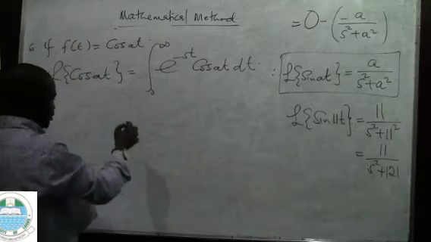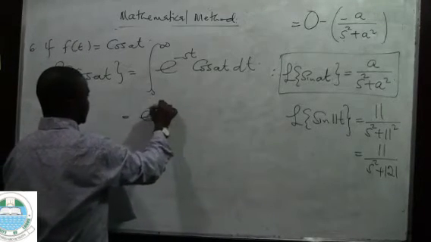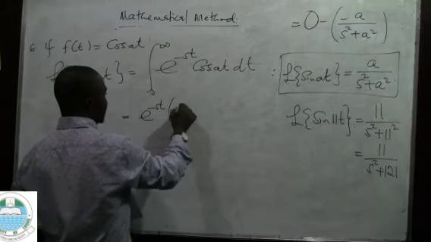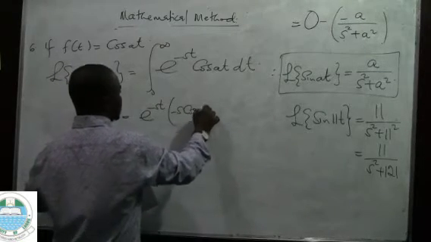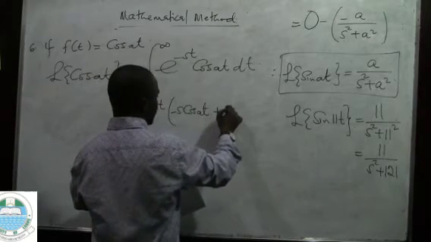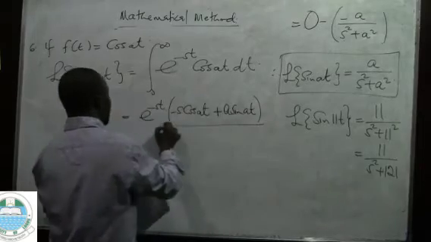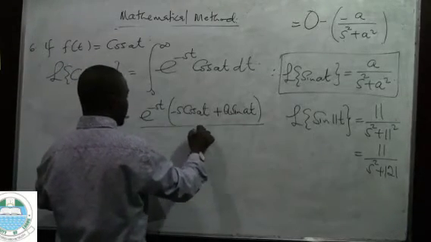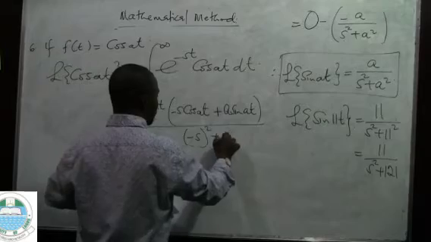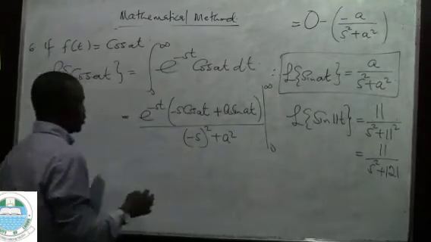Integrating by parts, we have exponential of minus st into minus s cos at plus a sine at, all divided by minus s squared plus a squared, between 0 and infinity.